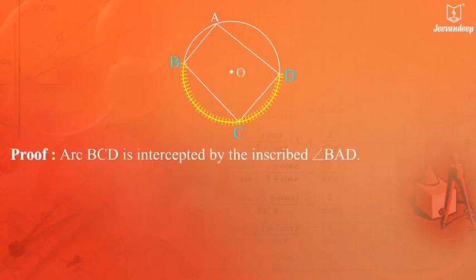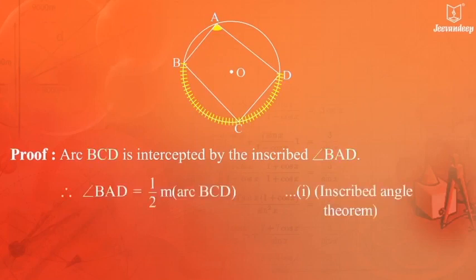Proof: arc BCD is intercepted by the inscribed angle BAD. Therefore, according to the inscribed angle theorem, angle BAD equals half the measure of arc BCD. Equation 1.